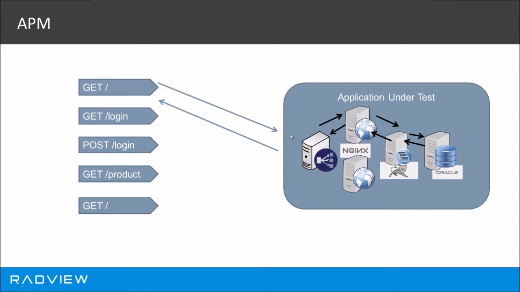If we go to a transaction and we get a response, it can see the request going to the web server, to the app server, and from the app server to the database server and back. It can track all these things. So if this whole transaction took a second, it can see what took the most. That's APM.